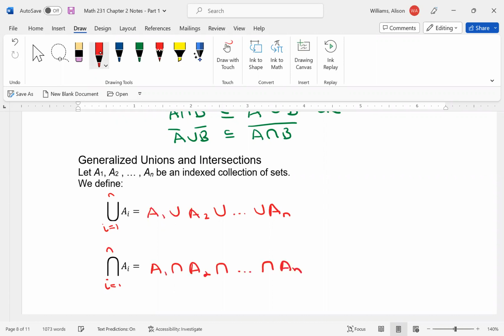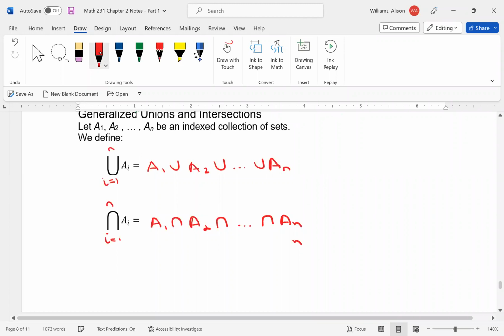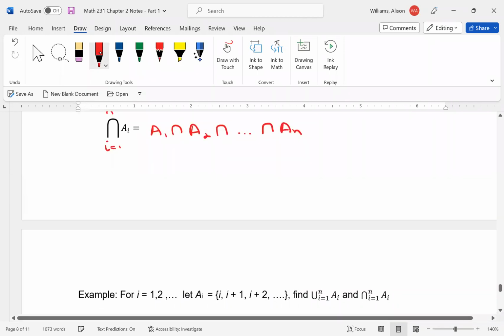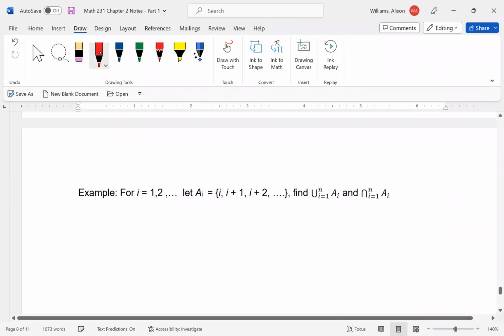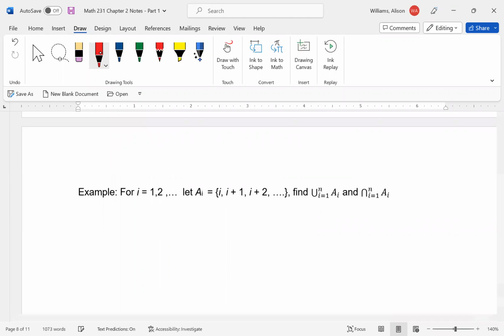And there we go. Okay, I do have a problem for these because it is a little bit odd, the notation for this, and I want to kind of practice it. Let's say for i going from 1 to n, let A sub i equal this list: i, i plus 1, i plus 2, i plus 3, i plus 4, and it keeps going on forever. All right.